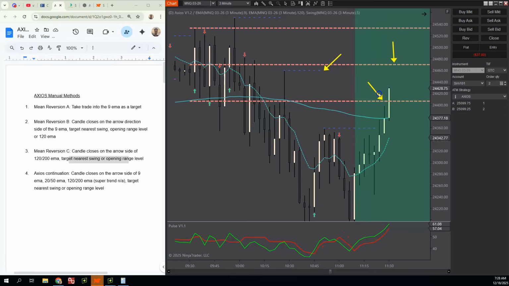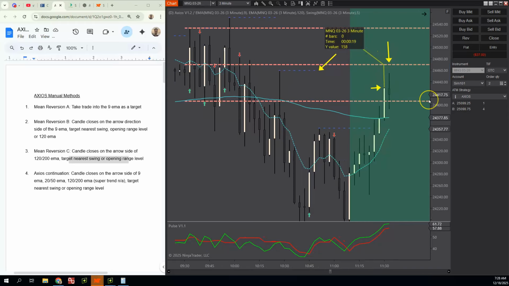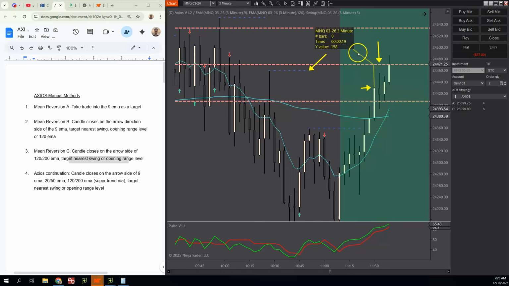Okay, so this candle closes here, so I can't target this, obviously. We enter at the close of this candle because we closed above the 120. And now my target's either going to be here or here. Let's go for the middle at 158 ticks. And we hit target at the middle, right here.